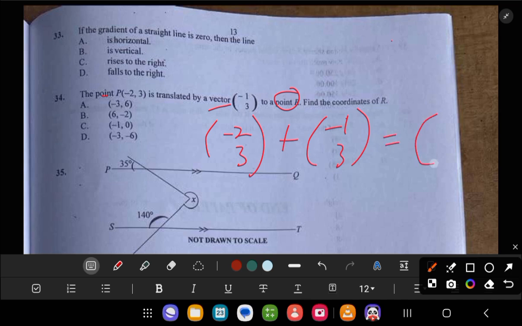So negative 2 plus negative 1 is negative 3. Then 3 plus 3 is 6. So that is it. Negative 3, 6. So question 34, the answer is A.